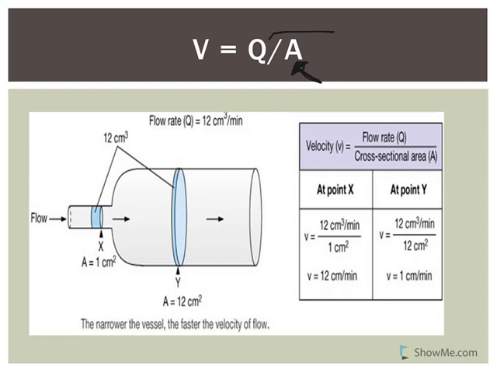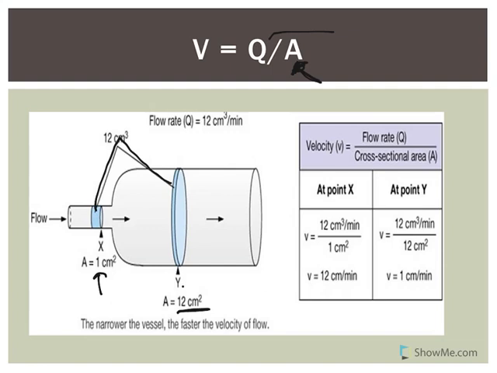So here we have two parts of this tube. This one, the area is 1 square centimeter. This one is 12 square centimeters. And what it's saying is here, the flow rate is the same through both of those.